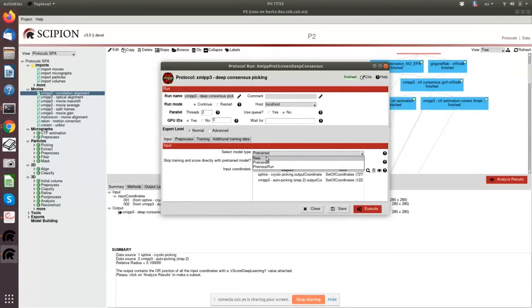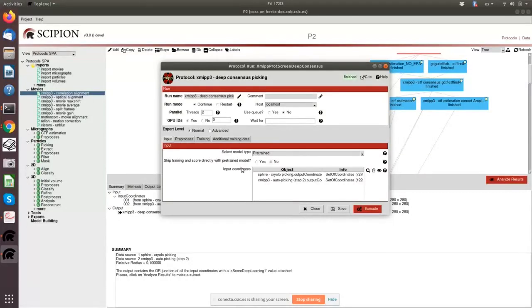So the network is initialized with random weights, and it doesn't consider any previous knowledge of how a particle typically looks in a micrograph. Or you may do a deep consensus, which will generate this deep learning model, and then you can use another deep consensus using the model from the previous run.